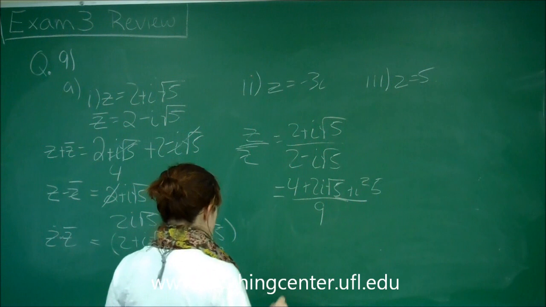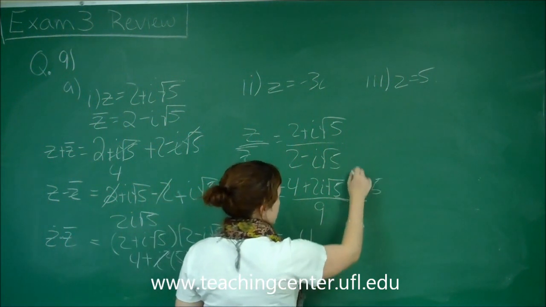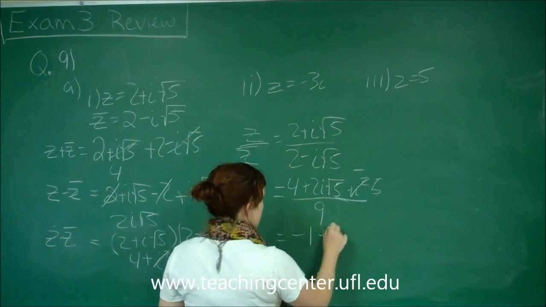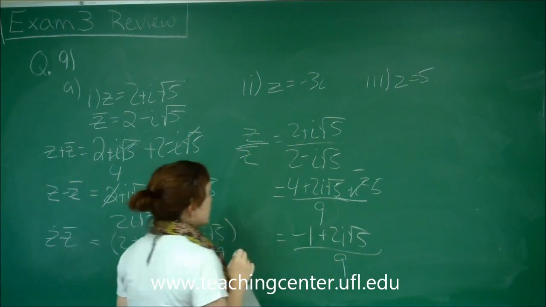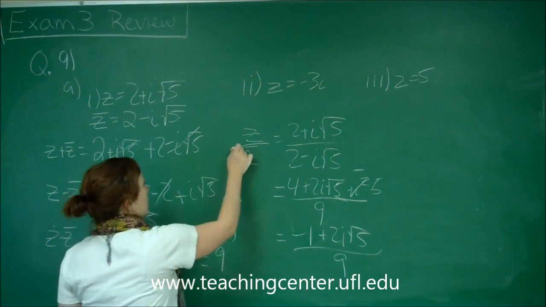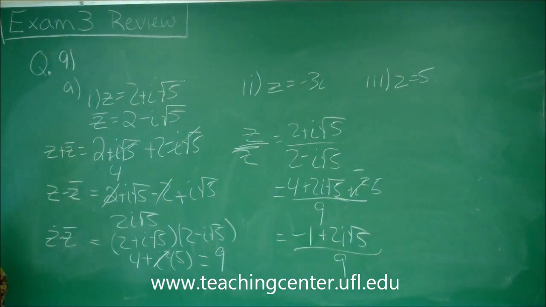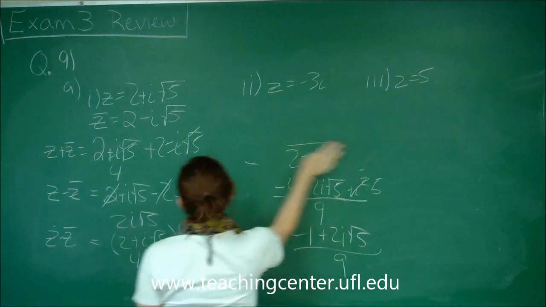So that will give us 4, and then i squared is negative, so negative 5, so 4 minus 5 is negative 1, plus 2i square root of 5, all over 9. And that is your answer for z divided by z bar. So that is problem number 9a1. We're going to have to do these 4 equations for these other 2 equations as well.